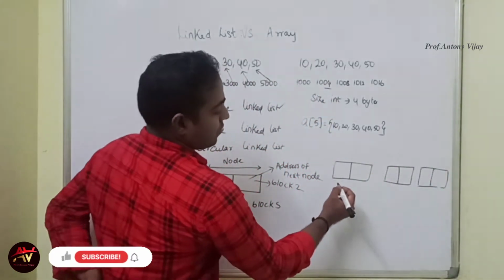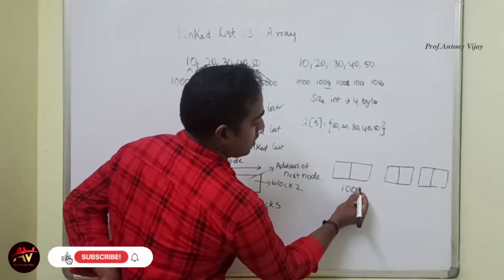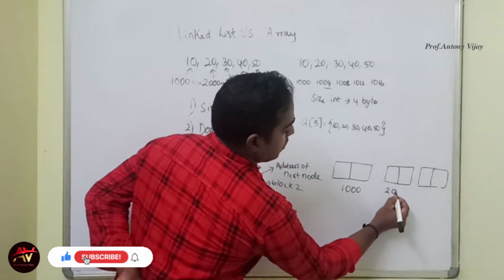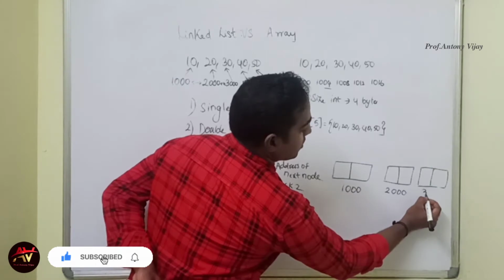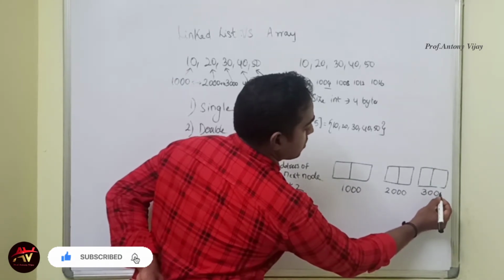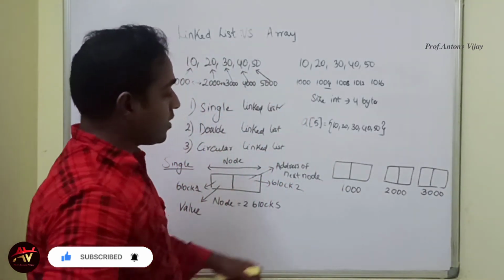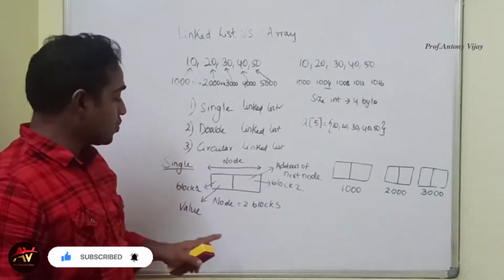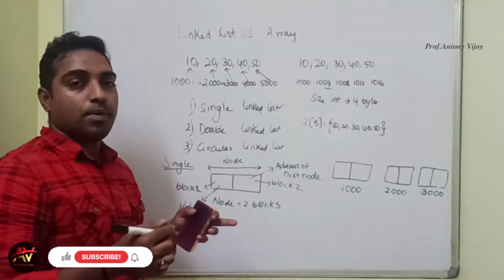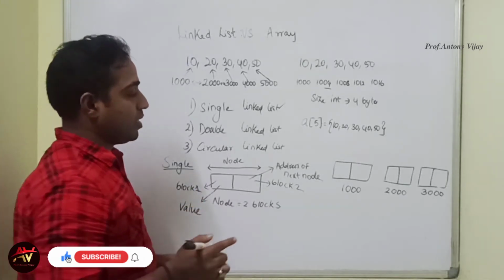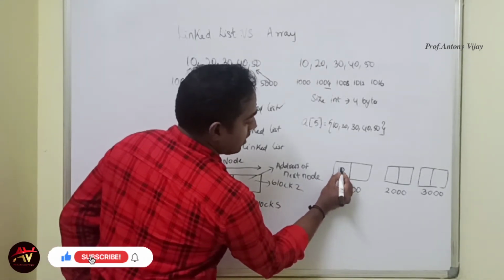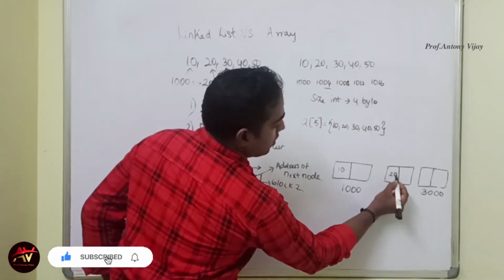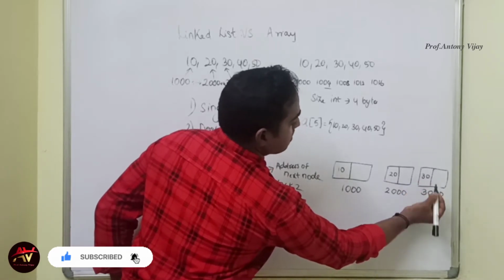The address for the first node is 1000, the address for the second node is 2000 and the address for the third node is 3000. As I told already, the first block belongs to the value, and we can mention whatever data type. So here I am giving 10, here 20 and here 30.